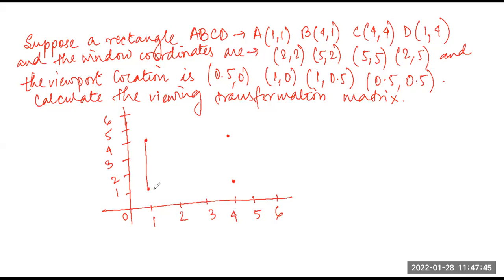So let us think this is my A, B, C, and D. My window coordinates are 2, 2, 5, 2, 5, 5, 2, 5.